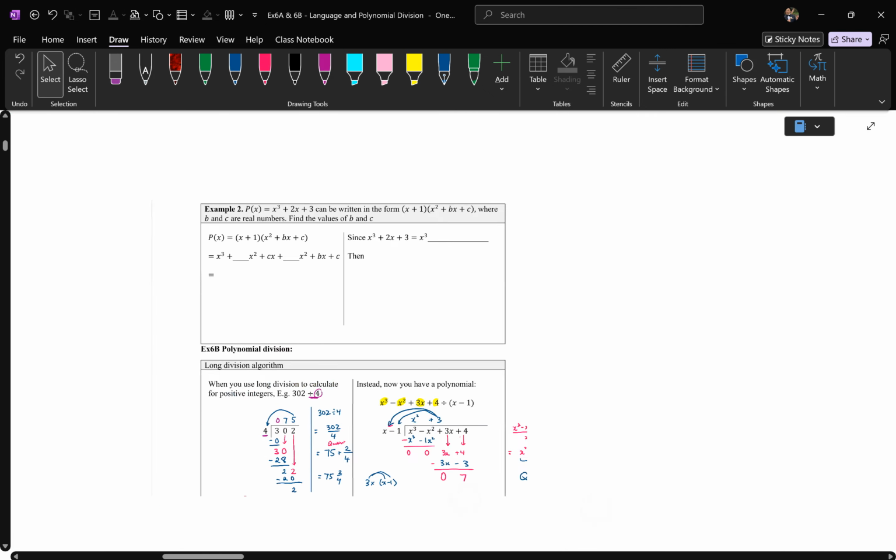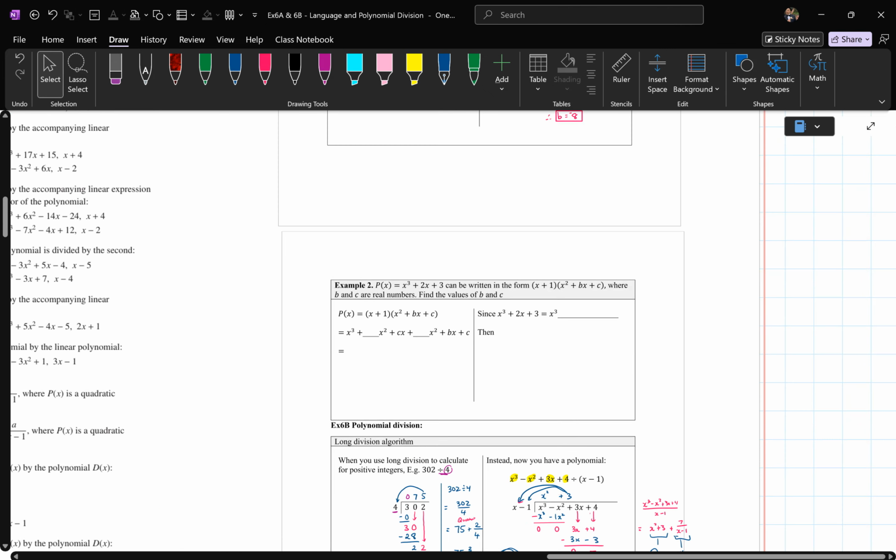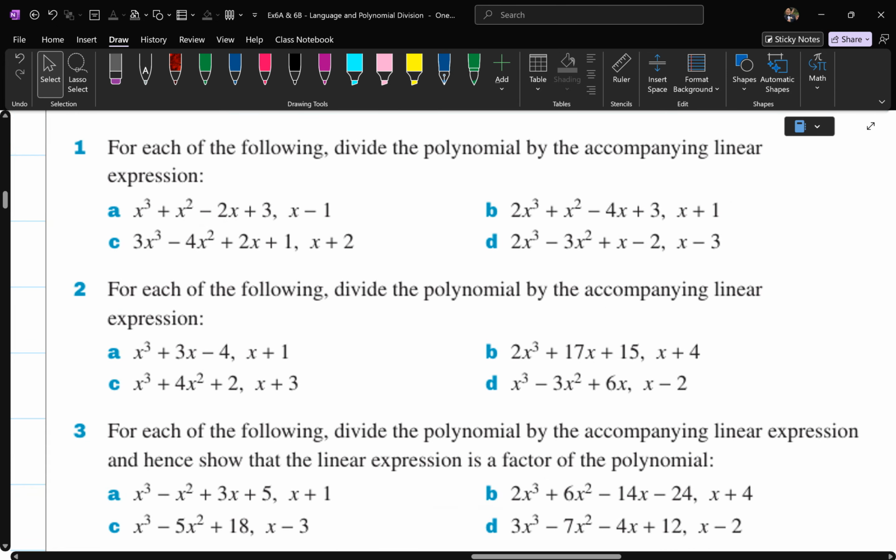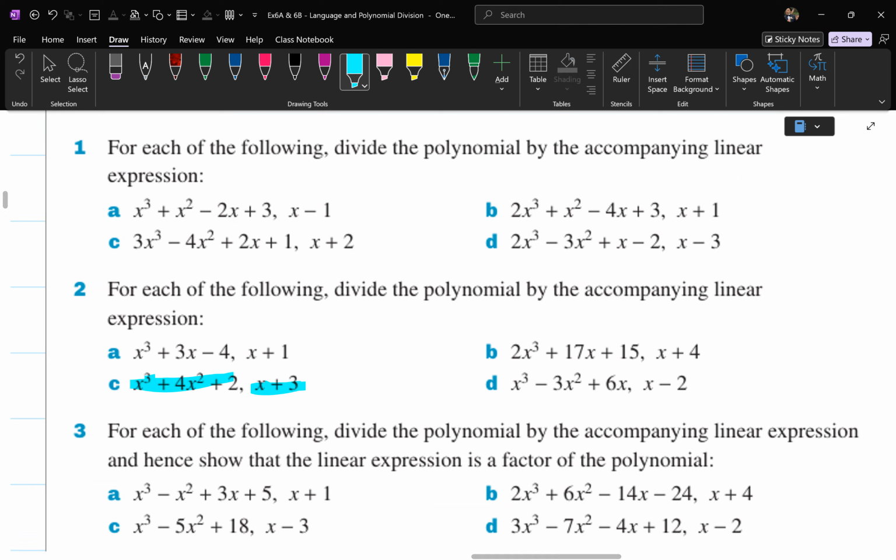Let's have a look at when you can use them from your textbook. Here's your textbook. You can use synthetic division. That's a cubic divided by linear. All good. Doesn't have a number in front of x. It's linear. Cubic. Fantastic.